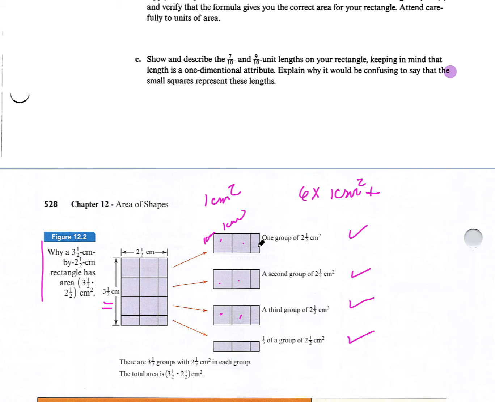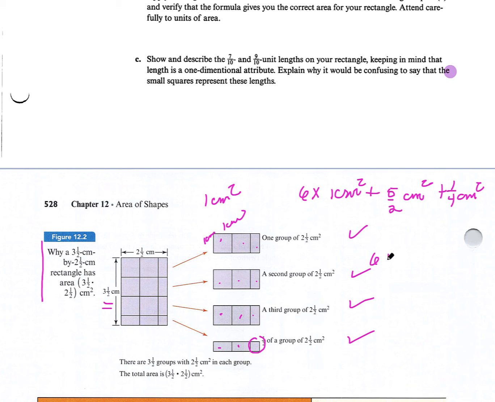And then we've got 1, 2, 3, 4, 5 halves of a square centimeter. And then we've got this right here, which is 1/2 of 1/2, or 1/4 of a square centimeter. So if we change these also, we can add them together.